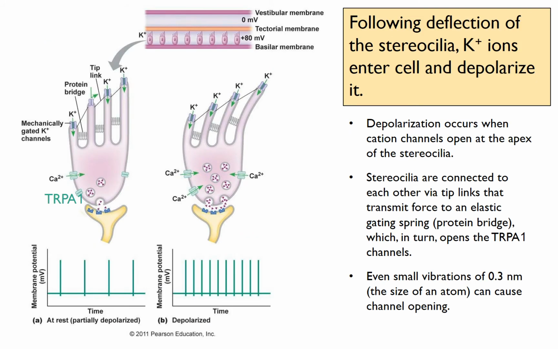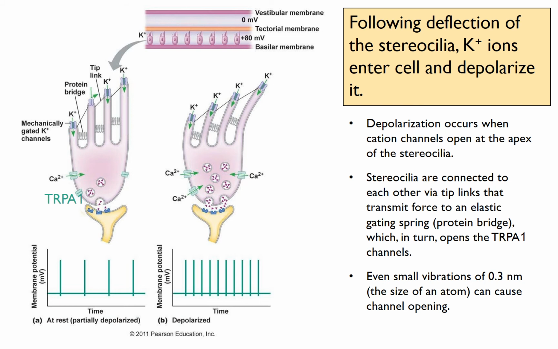This particular image is showing a big picture view of the signaling cascade that occurs following the transduction of sound, such that the basilar membrane is maximally displaced at a given location along its length that corresponds to the frequency of the sound that is moving it.